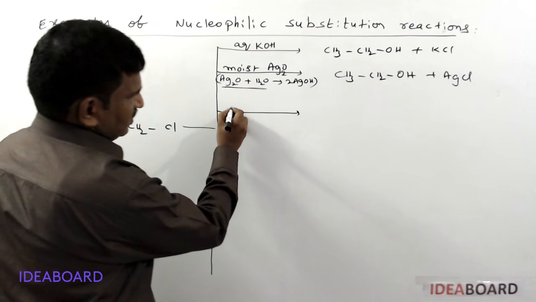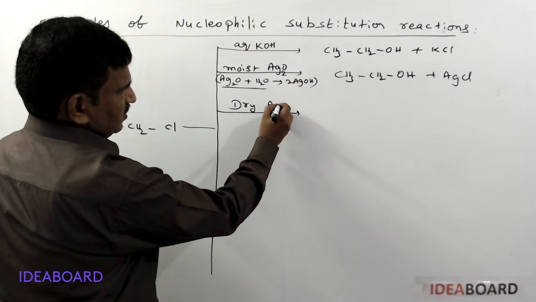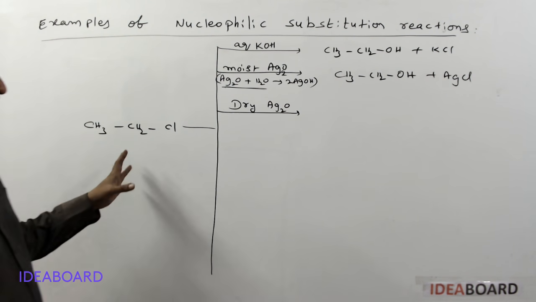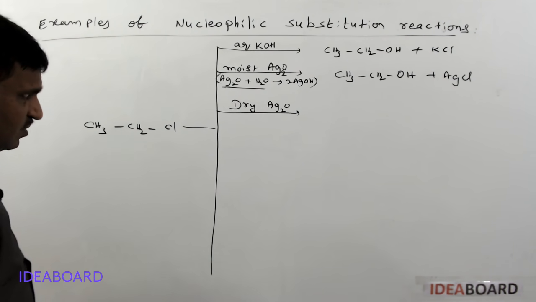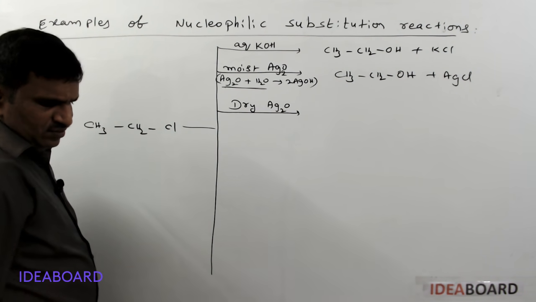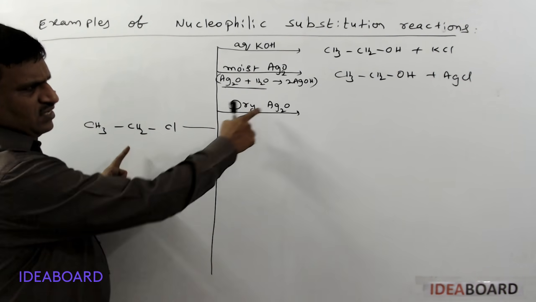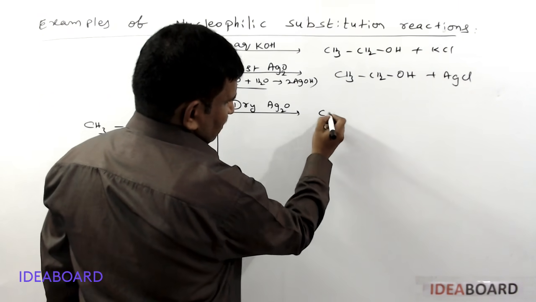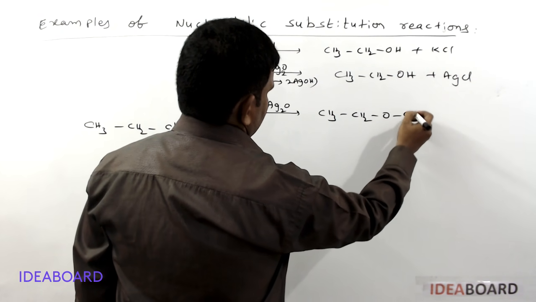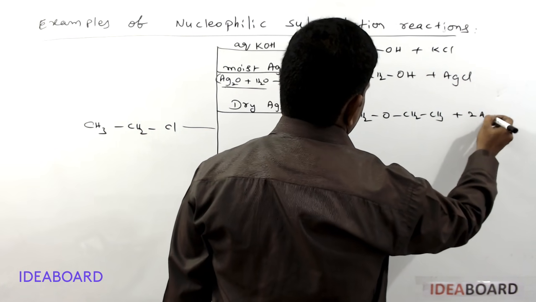And suppose in this process you are taking dry silver oxide. It is better to remember that this is not actually a nucleophilic substitution. But if dry silver oxide is taken, what is the product? We learn this in ethers also. Two molecules of alkyl halide react with silver oxide, forming CH3CH2OCH2CH3 plus 2AgCl.